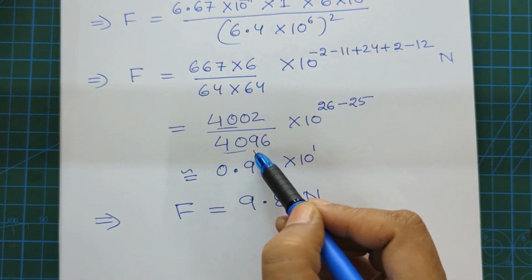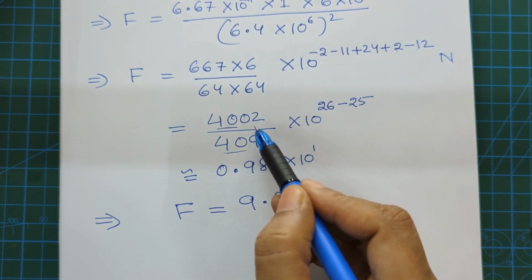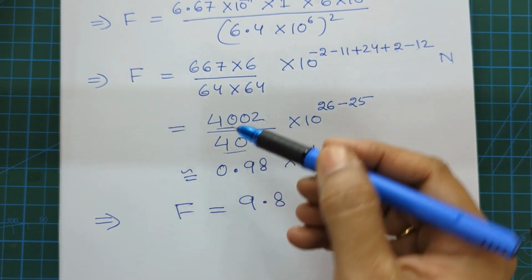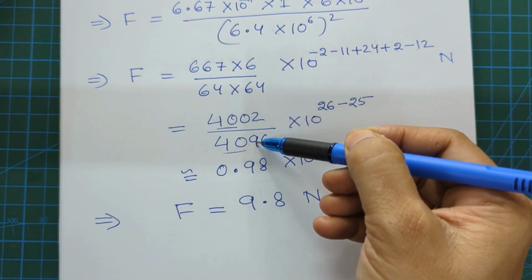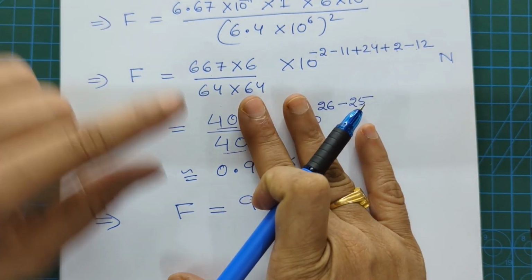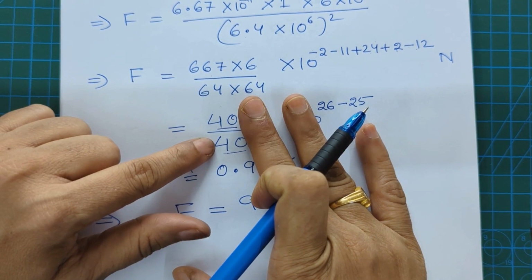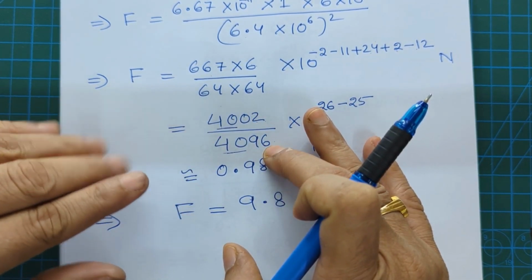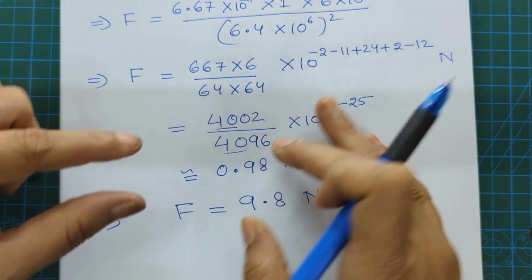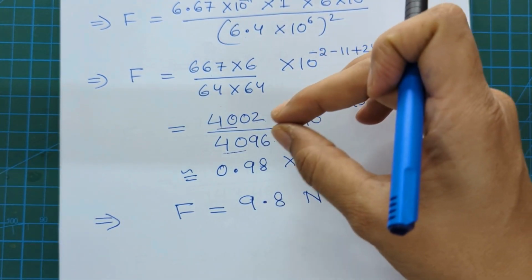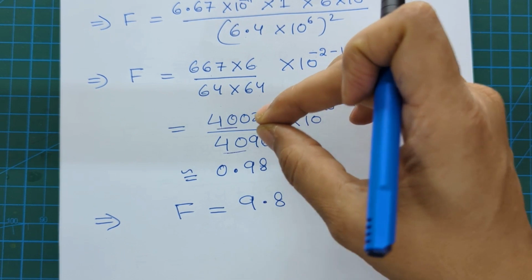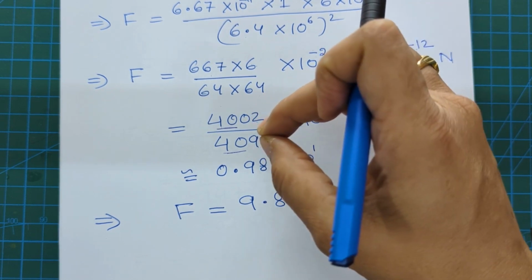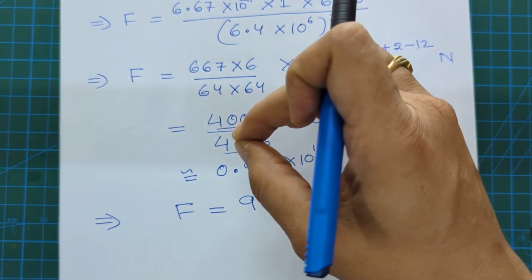But here the denominator number is greater, almost 100 greater than the numerator number. So the overall fraction value, based on 40 by 40 which should be 1, when these digits are included, because the denominator is a bigger number, will be a bit less than 1.